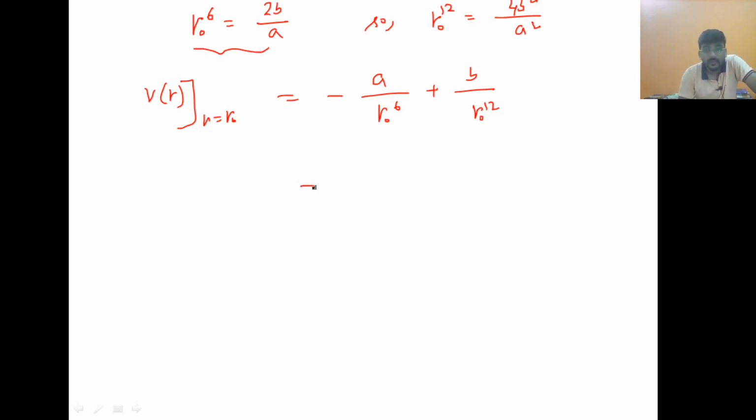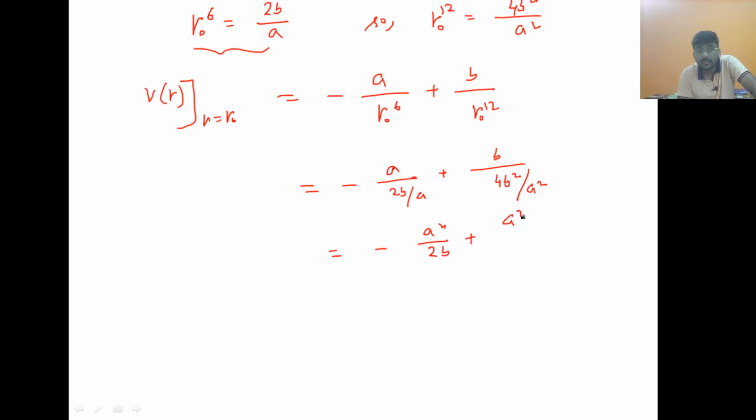So it will be minus a divided by 2b by a plus b divided by 4b square by a square. So it will be minus a square by 2b, plus a square b by 4b square.